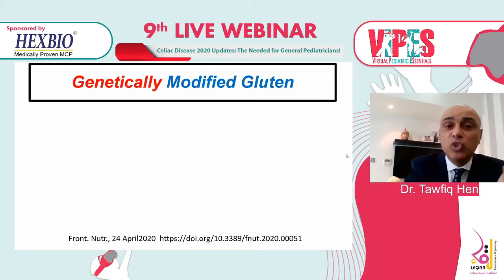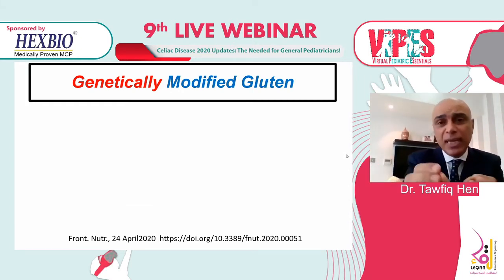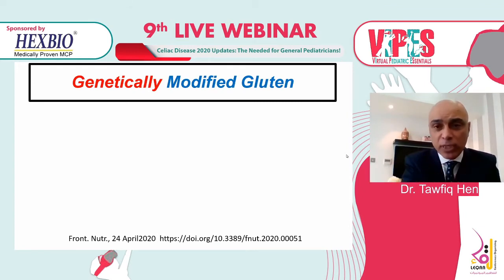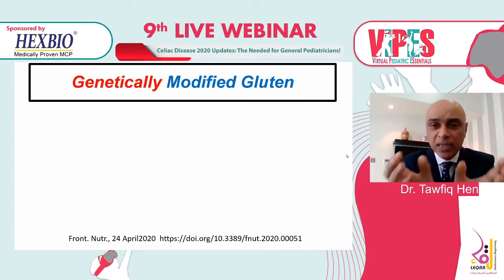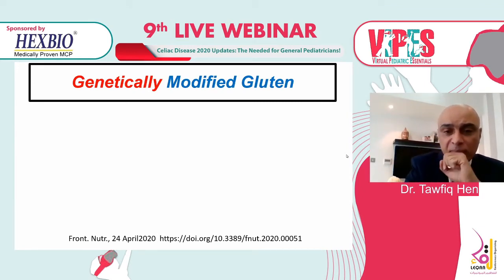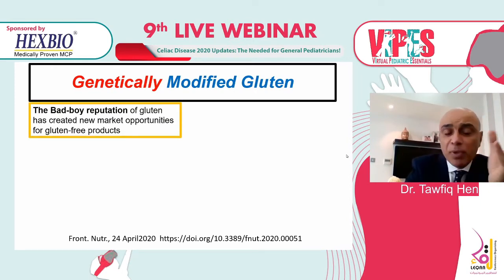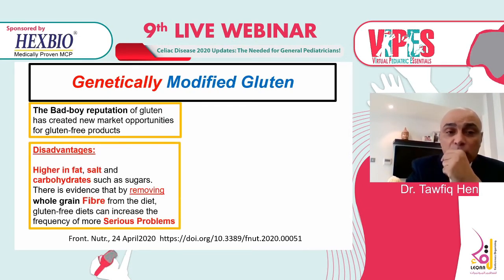But what about genetically modified gluten? Some thought, why do all this process? Let's think about changing the gluten and removing the gliadin from this storage protein. Because the bad boy reputation of gluten has created, as we said, a new market opportunity for gluten-free diet.